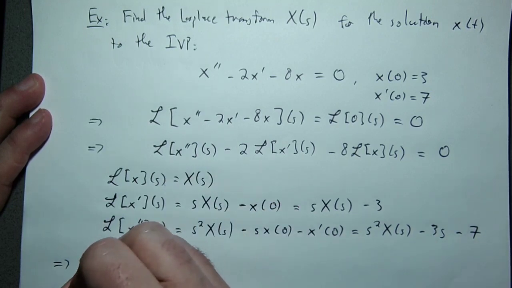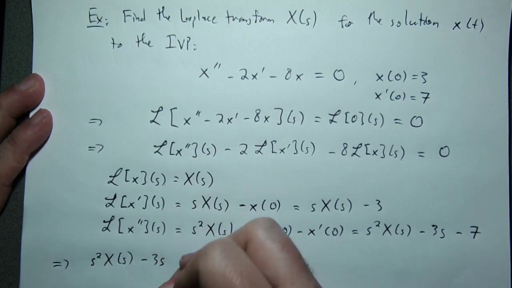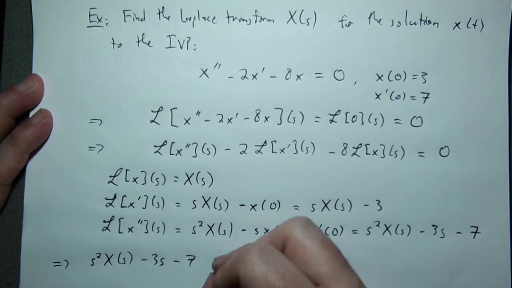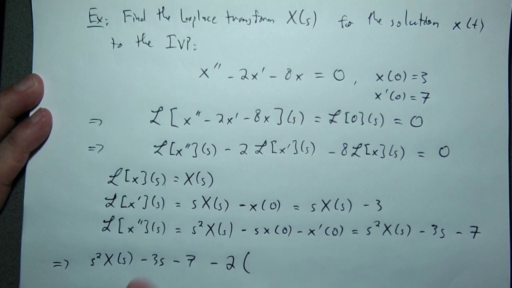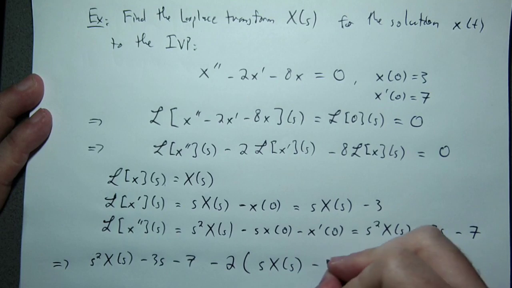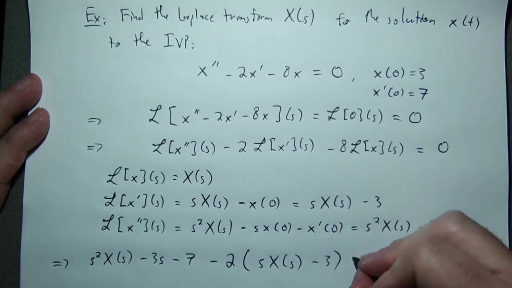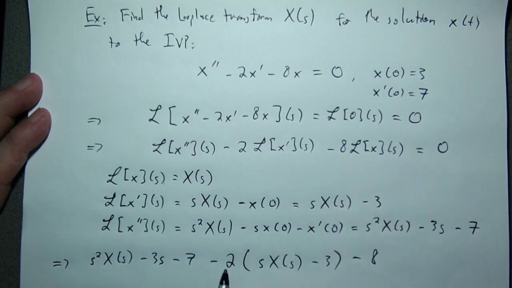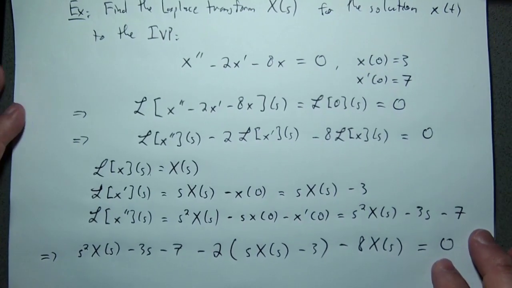So this is s squared big X of s minus 3s minus 7, minus 2 times the Laplace transform of x prime, which is s big X of s minus 3, okay, minus 8 times the Laplace transform of little x, which is just big X. And that is equal to 0. Okay. All right.